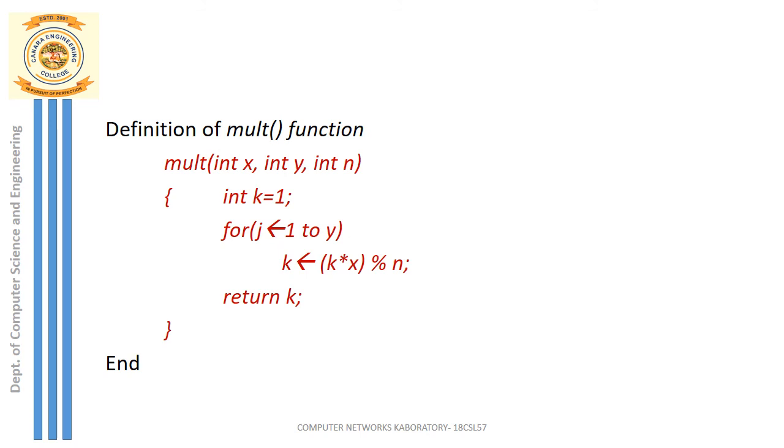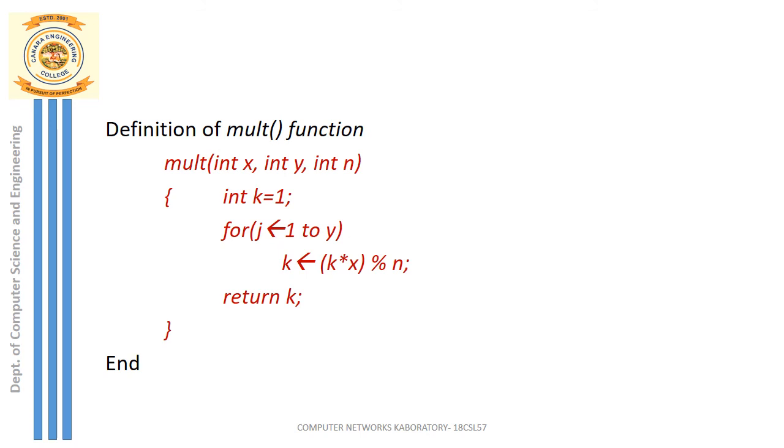And here we just use the logic we use for calculating the power of any number. That is why we take a variable which is initialized to 1. Since we perform a multiplication operation, we initialize to 1, and we go for a loop from 1 to y. That is, we are multiplying x y times.